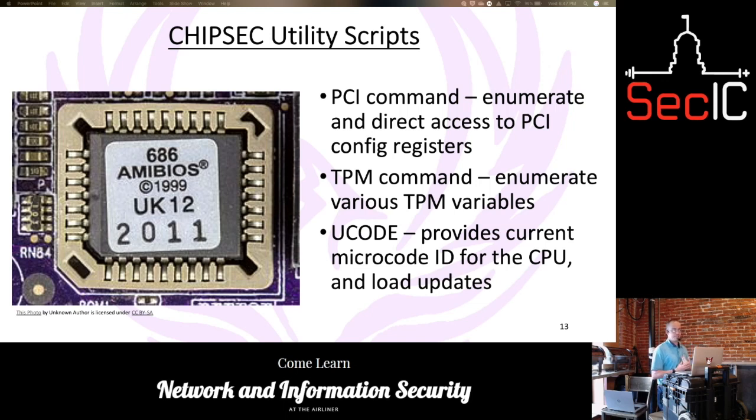Similarly with the TPM command, it can enumerate various TPM variables, and it can also dump them into a bin file so that you can use it. And the ucode command is helpful if you're a low-level microcode firmware person, because it provides the microcode ID for the CPU and any updates.